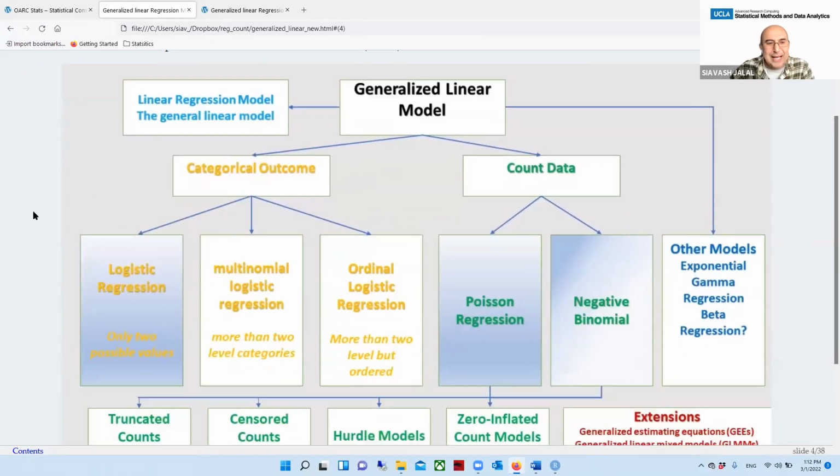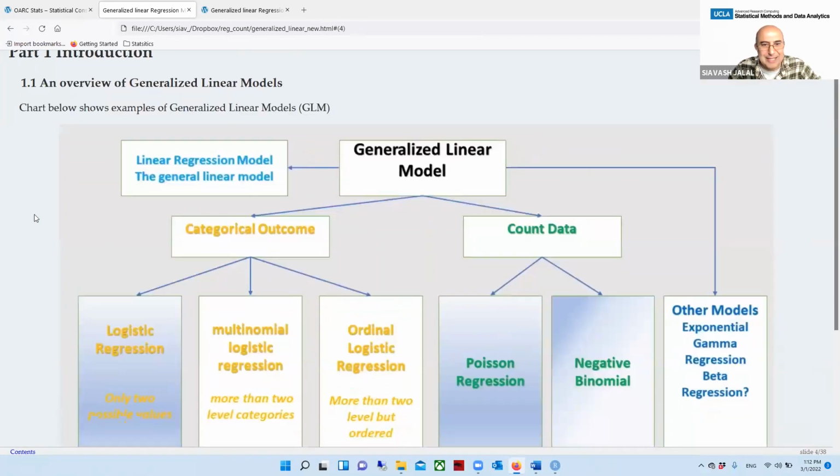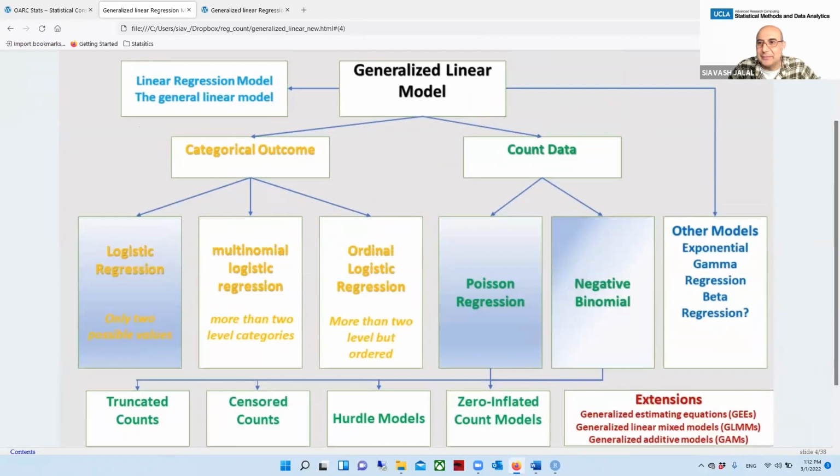So let's look at the first. I made it a little small so you can see the whole picture. Let's look at an overview of generalized linear models to see what those are. Basically, the linear regression model that you might be very familiar with is a kind of generalized linear model, a very simple form of generalized linear model.